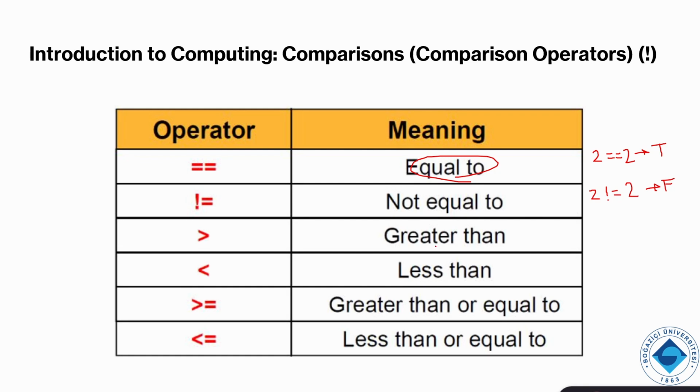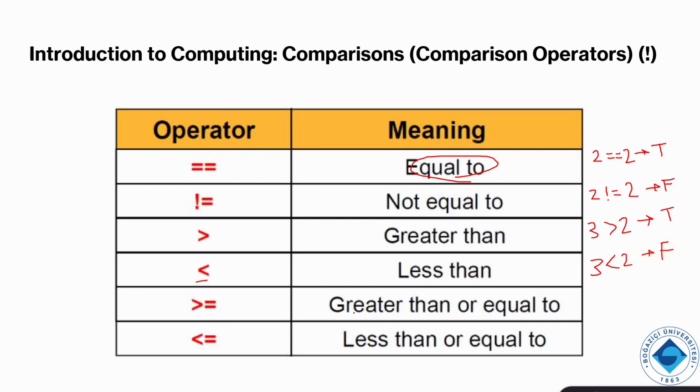And the third one is checking greater than. For example, if we say 3 greater than 2, as it is correct, it will return true. But the fourth one is less than. If we say 3 less than 2, it's not correct, so it will return false.